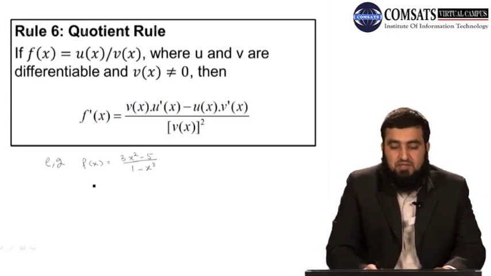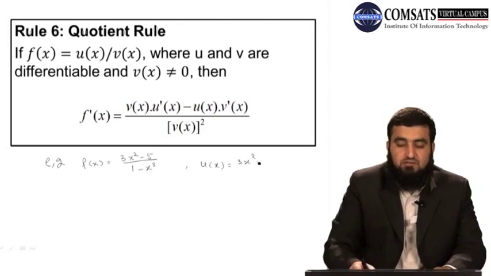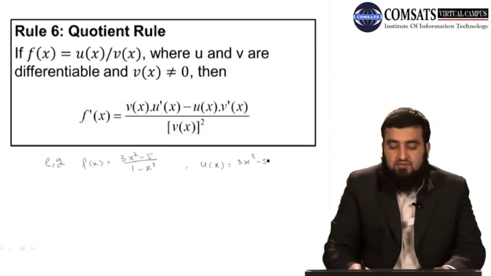So here you have u of x equal to 3x square minus 5, and v of x is equal to 1 minus x cube. So you find the derivative of u of x, which is u prime of x.